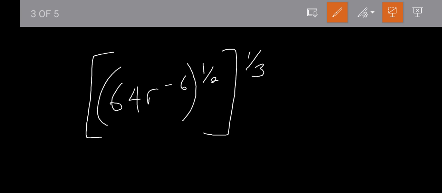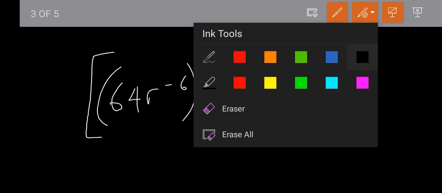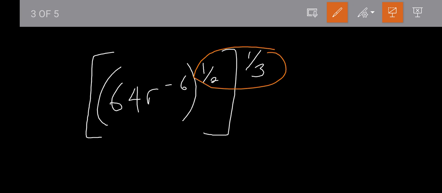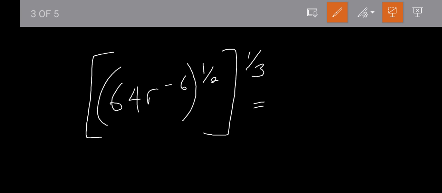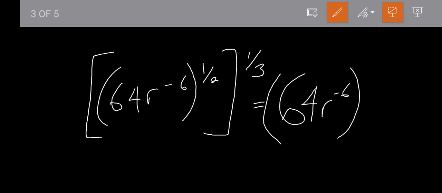And remember, according to power index, if I should multiply these two together, I'm going to have to apply power index here to multiply these two together. And if I should do that, I'm going to be having 64r raised to power minus 6 to the power of 1 over 6. Now, we have two things there.